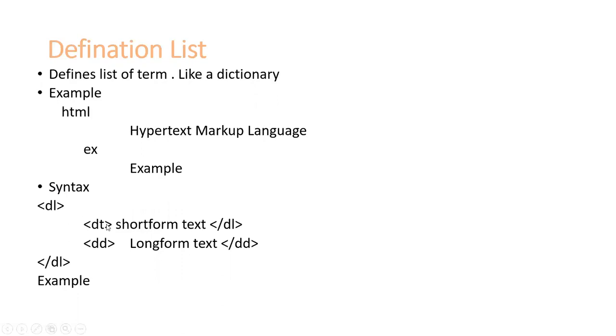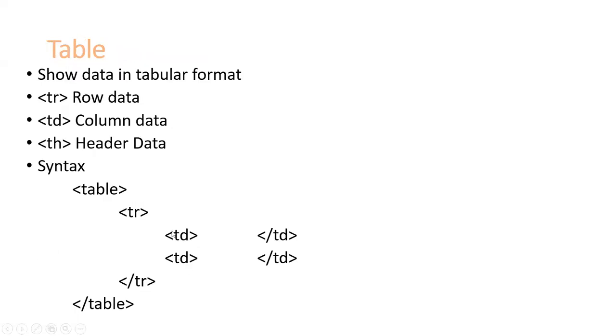It's enclosed with DT and DD. DT is the definition term, which may be short-form text, and DD is the definition description, the long-form text. Then we close the DL tag. That example we also discussed in our lecture.